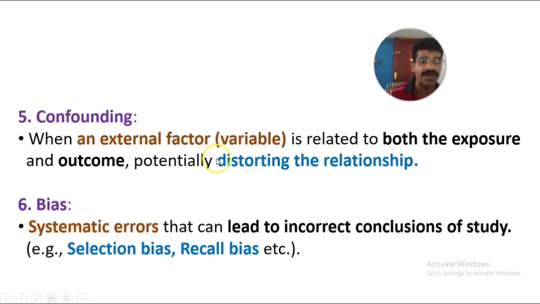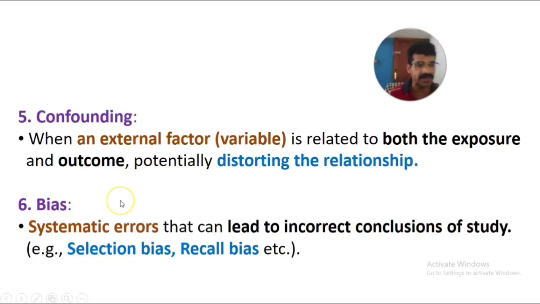So when an external factor is related to both the exposure and outcome, and may negatively affect the result, it is called a confounding factor. That could be seen in analytical studies, and we control confounding factors with various methods like matching and statistical application, etc.